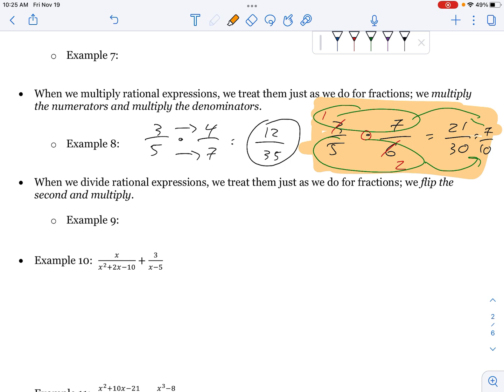Okay? And with dividing, some of the classes did this when we had done completing the square to get the quadratic formula. If I have something like 1/2 divided by 9 over 4, okay? If we write that as 1/2 times 4 over 9, now it's a lot easier to do.